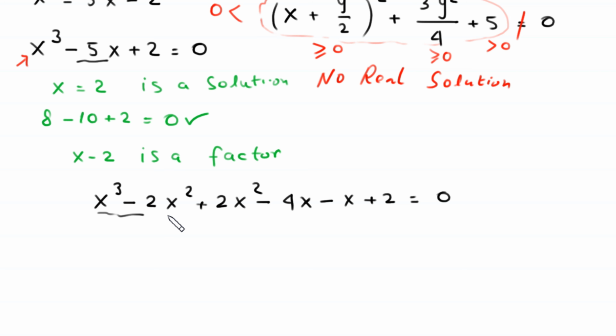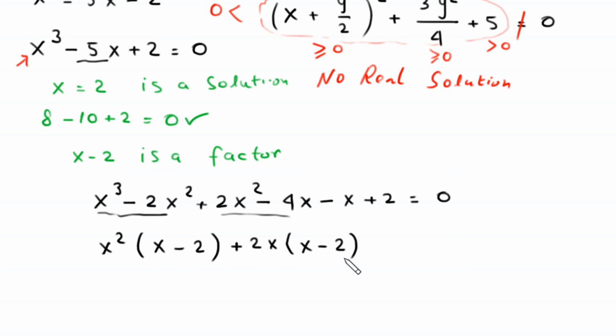From these two terms we can factor out x squared, in bracket x minus 2, and from these two terms we can factor out plus 2x, in bracket x minus 2, and from these two terms we can factor out negative 1, in bracket x minus 2, equal to 0.